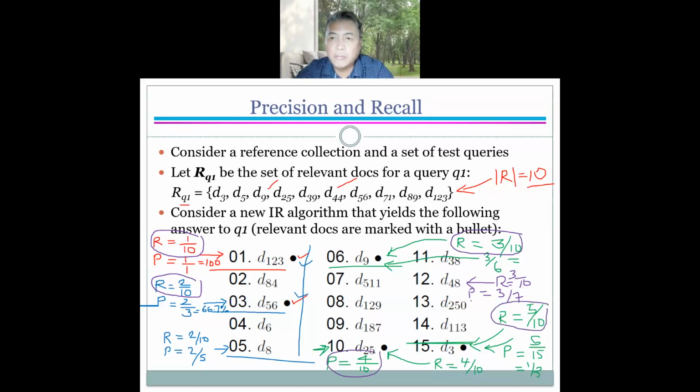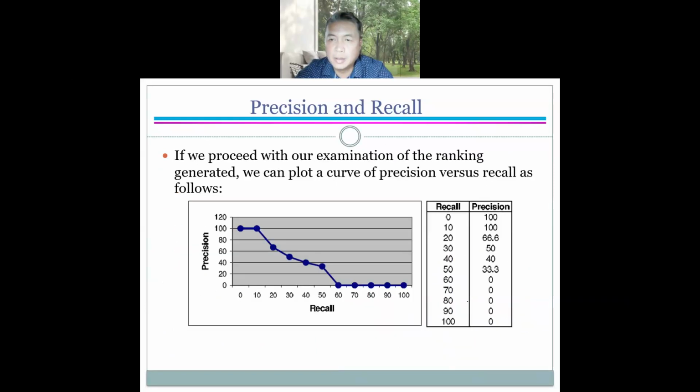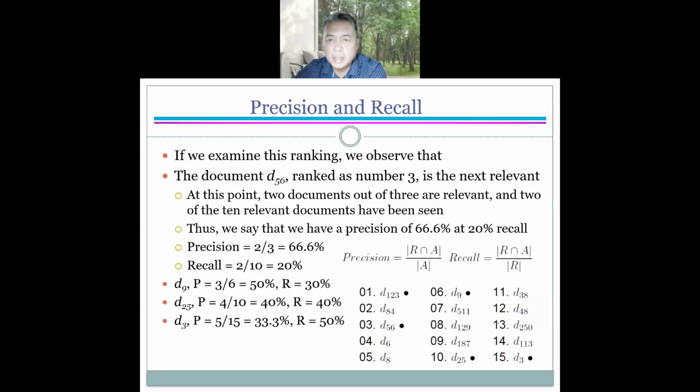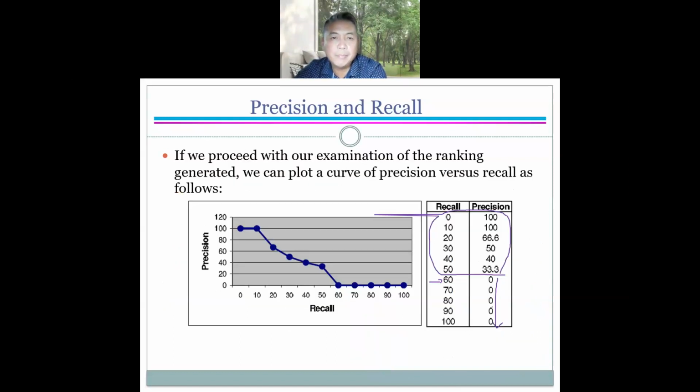But we cannot evaluate 60% from our list, because the recall that we have is only up to 5 over 10. So for recall 60%, 70%, 80%, it is 0. That's why we have all 0 here.